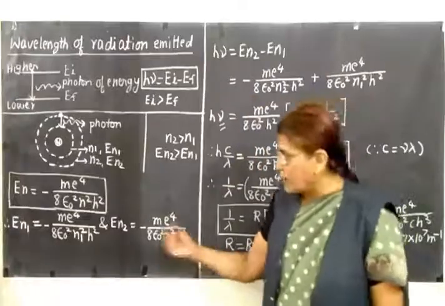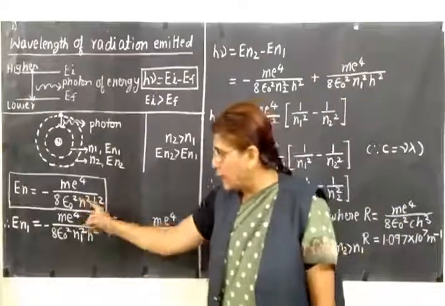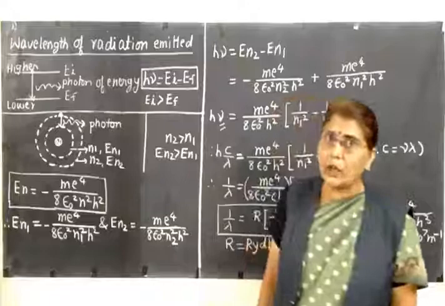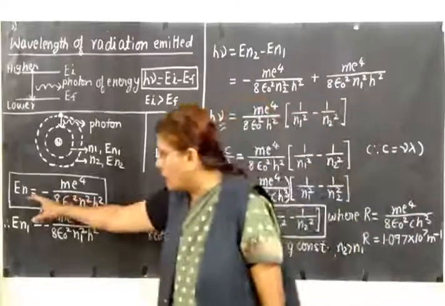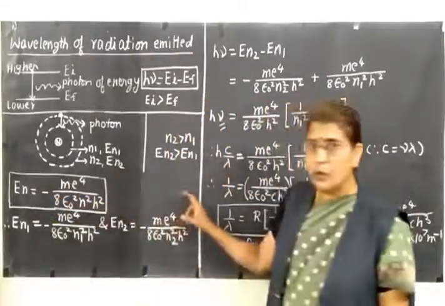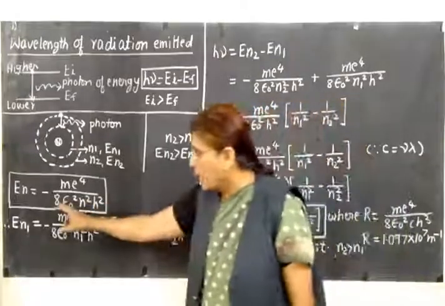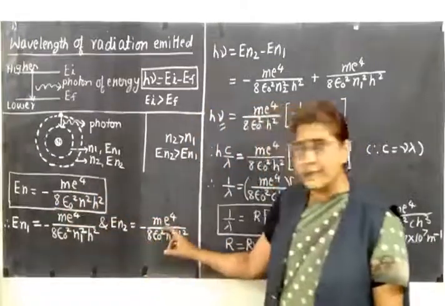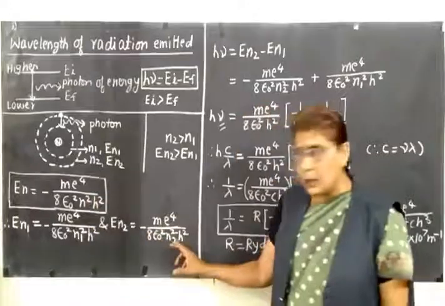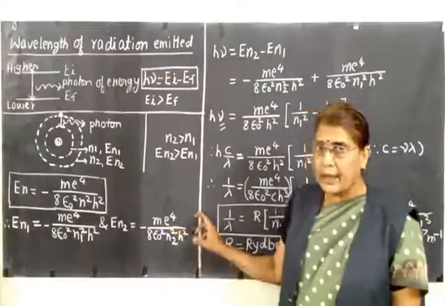We can also find the value of En2. Put n equals n2. So what will be the value of En2? En2 will be nothing but minus m e raised to 4 as it is, 8 epsilon 0 square as it is. n is replaced by n2, so it will be n2 square into h square.